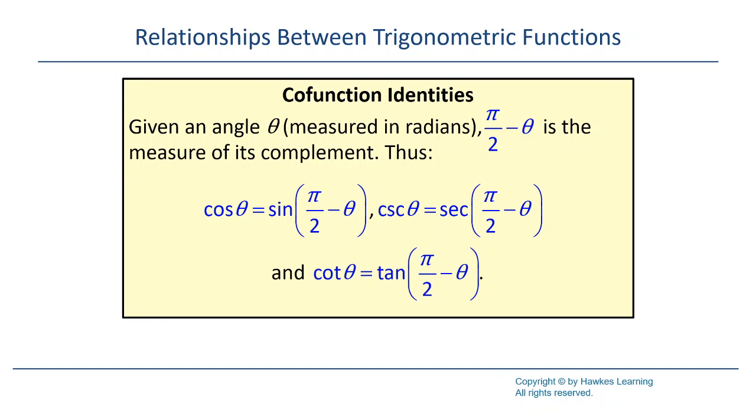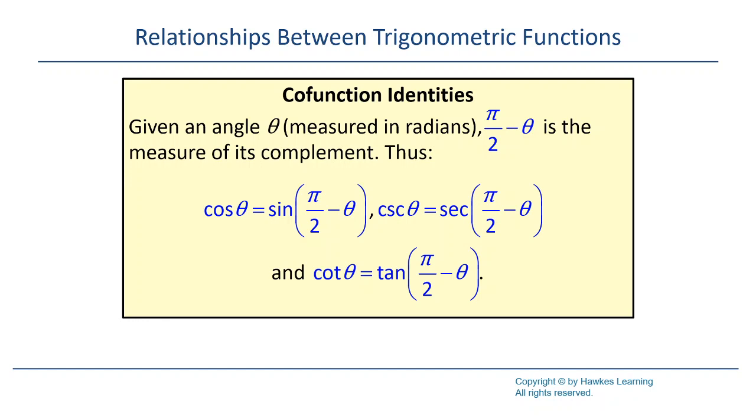So cofunction identities are a nice way to, what's the best way to put it? Sometimes it's easier to solve sine of pi over 2 minus theta than cosine of theta. Same thing with cosecant and cotangent, using the cofunction identity to relate them.